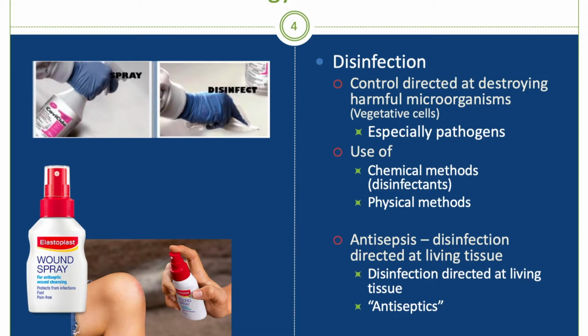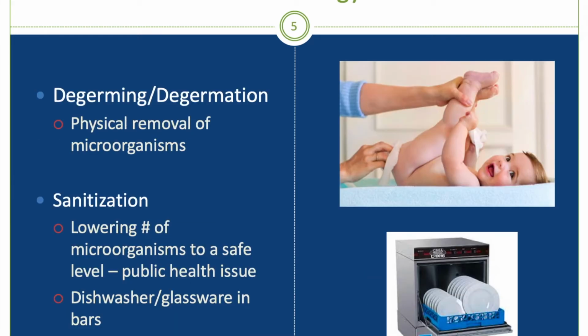So if disinfection is done on a living tissue, that's antiseptic. So if you go to the hospital and you're about to be given an injection, that area is cleaned so that it's sterile, and that's an example of an antisepsis. That is not disinfection. It comes down to what surface it's being used against.